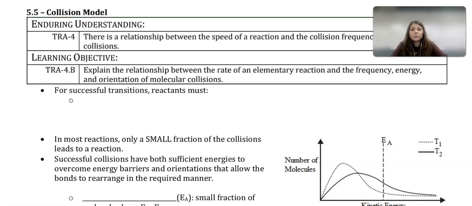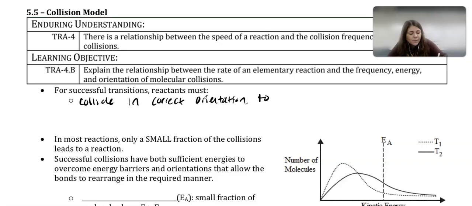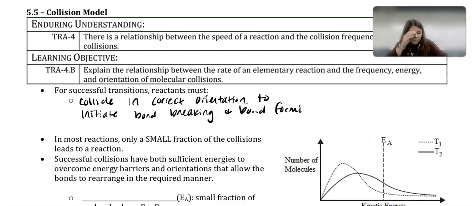So for successful transitions, reactants must collide in correct orientation to initiate bond breaking and bond forming events. Now, obviously, this still correlates with all the particles involved in the rate to be colliding in that correct orientation at that specific time.